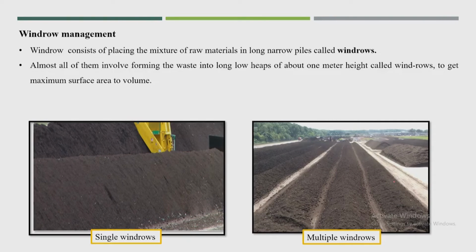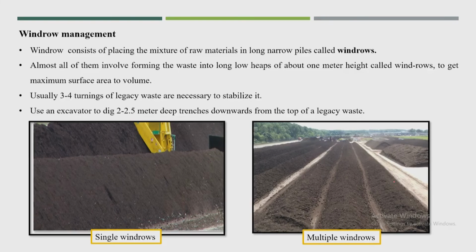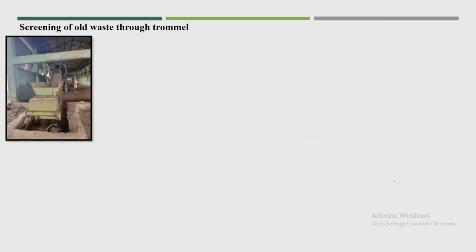Almost all of them involve forming the waste into long, low heaps of about 1 meter height, to get maximum surface area to volume. Usually 3 to 4 turnings of legacy waste are necessary to stabilize it, and use an excavator to dig deep trenches downward from the top of the legacy waste. And now, after 20 to 30 days, go for screening.